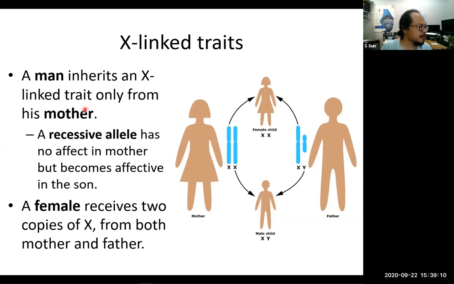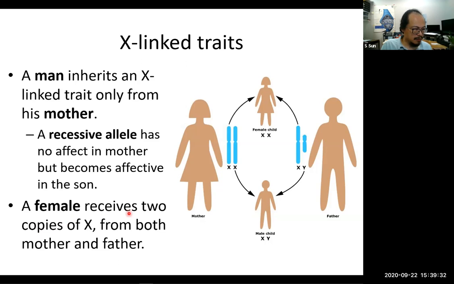So the male inherits an X-linked trait only from the mother, and it really depends on whether this mother has a recessive allele or not. If she has, there's a 50% chance that she will pass that recessive allele to the son.